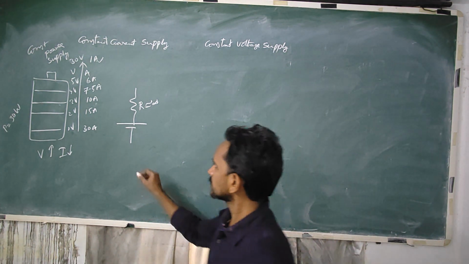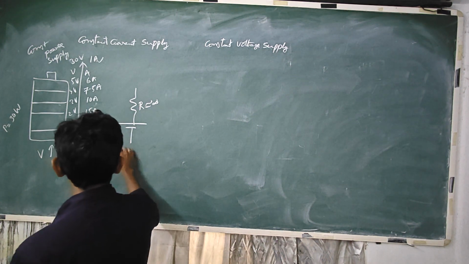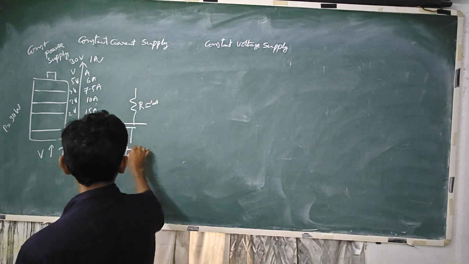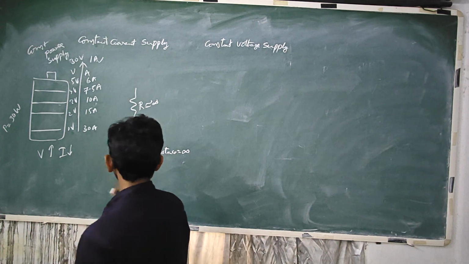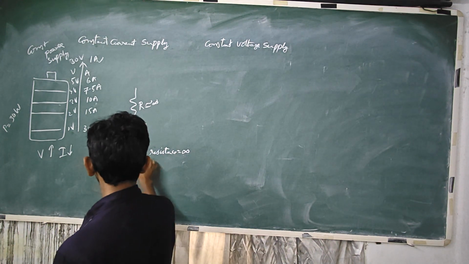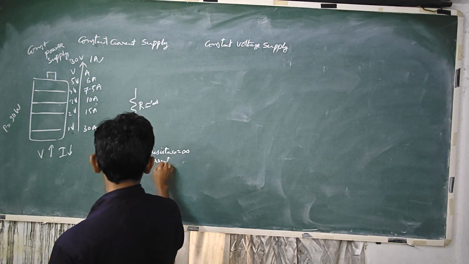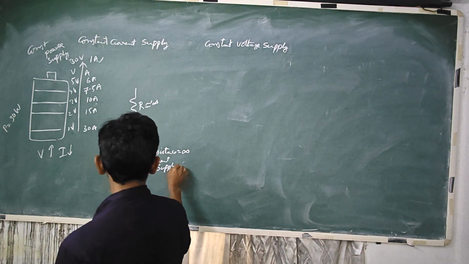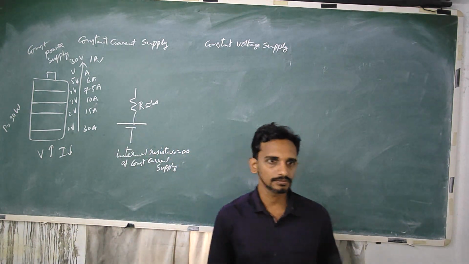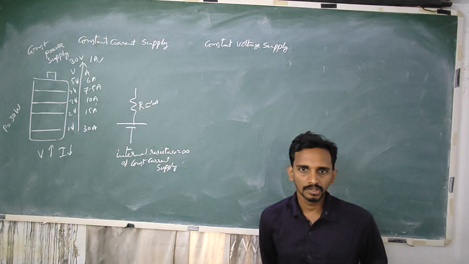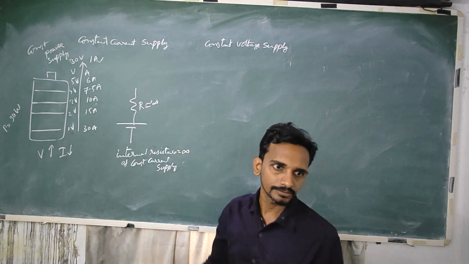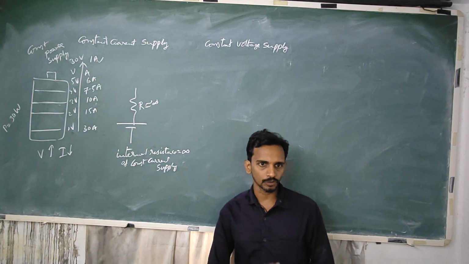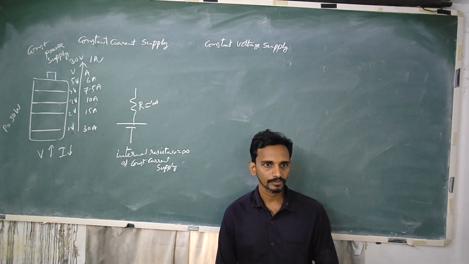Okay, so internal resistance of constant current supply is infinity. So what I am doing here, I am restricting the movement of electrons. I am limiting the number of electrons flowing out of the supply.